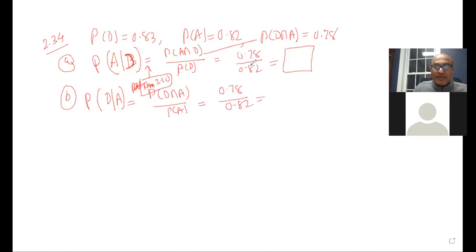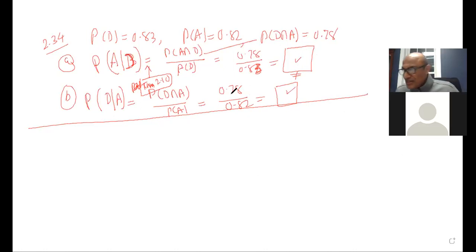My bad, D was 0.83, so here it has to be 0.83, and here it is 0.82. Whatever number you get is the answer. Please make sure that both these answers are different, because they are two different events.